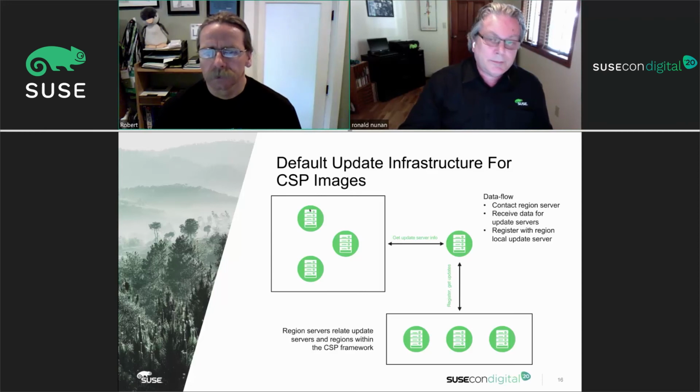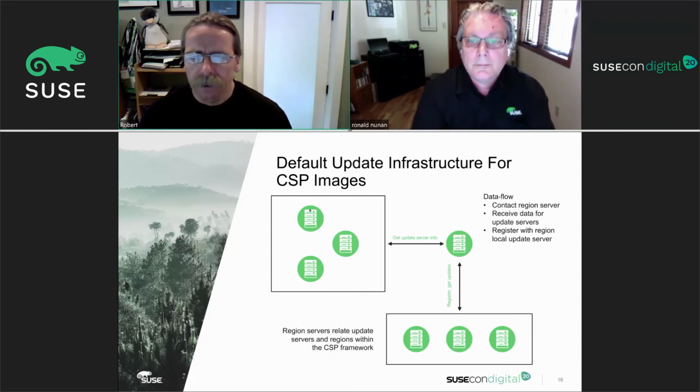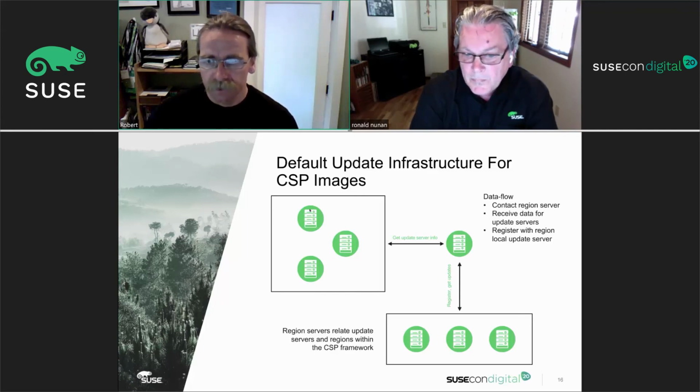Yeah, so this is the update infrastructure, and you can see the region servers at the bottom. They hand out information about the update servers that live in a specific region.